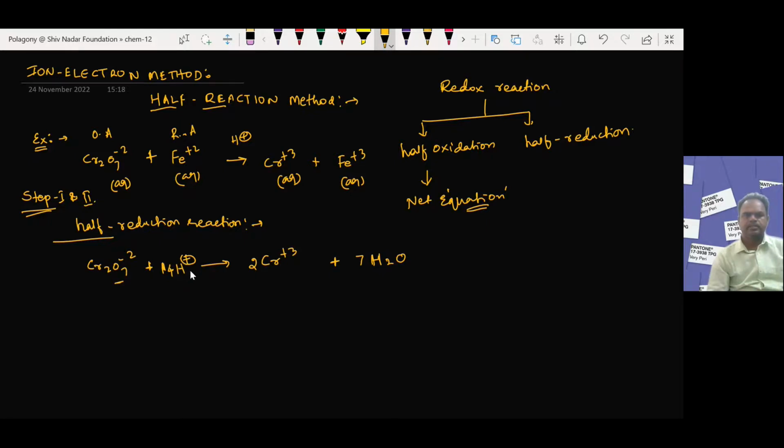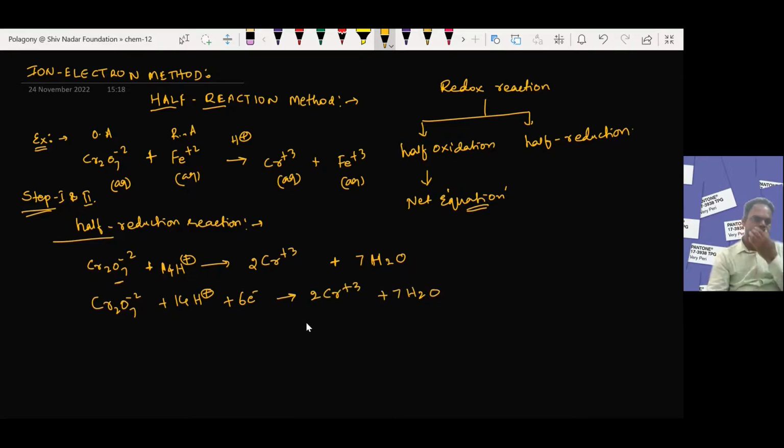The positive charge on the left is more than on the right. Hence I bring 6 electrons: Cr2O7 2- plus 14 H+ plus 6 electrons gives 2 Cr3+ plus 7 H2O.